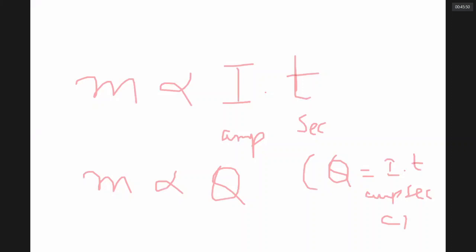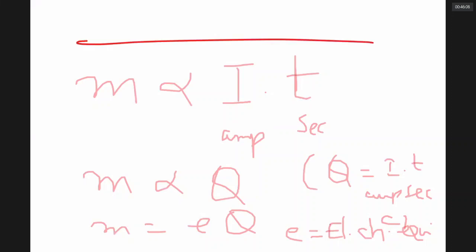M is equal to EQ, where E is called the electrochemical equivalent. Are we clear, sir?